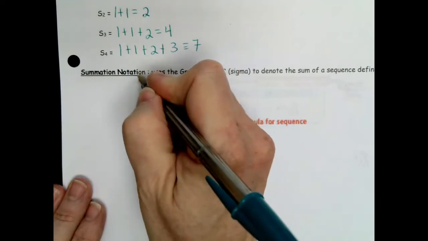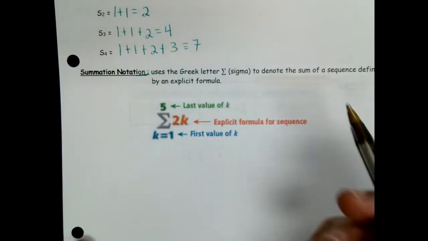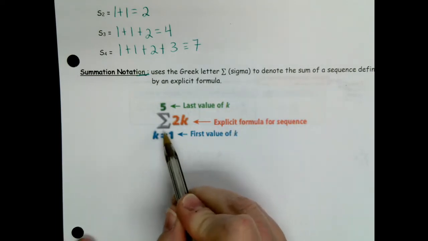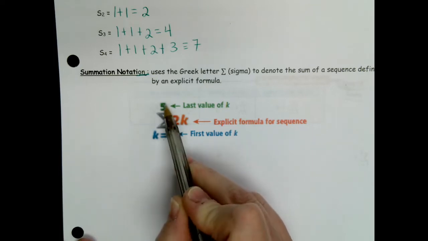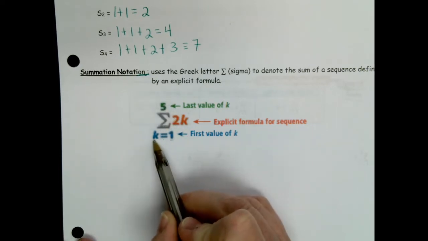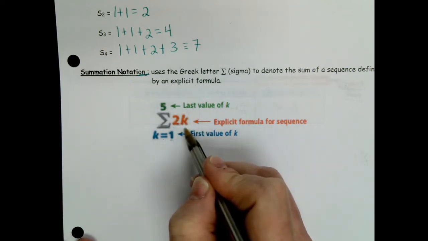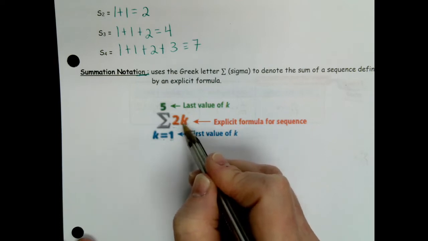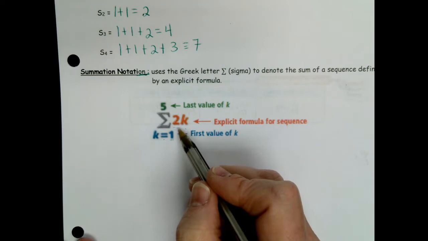You're going to notice that under the sigma is where we start, right? We start with the first term, not always, but a lot of times we start with the first term, and it will be a value of 1, and then we end with a 5. And so notice it says k equals 1, and then it gives you right here, this is your explicit formula. So every time we do this, and we're going to do this one first, we're going to actually see what this equals.